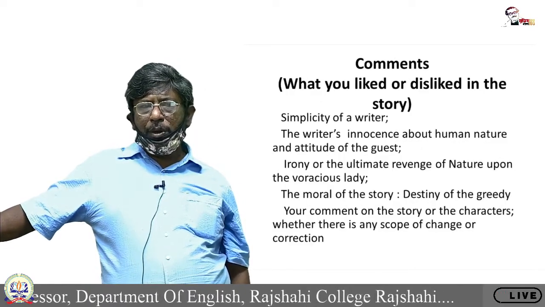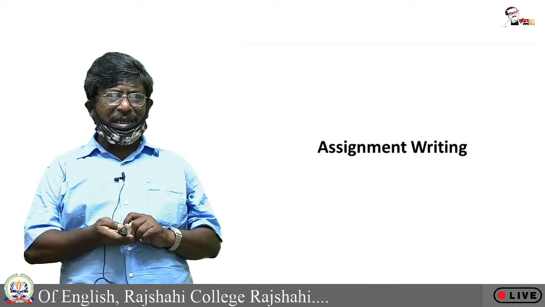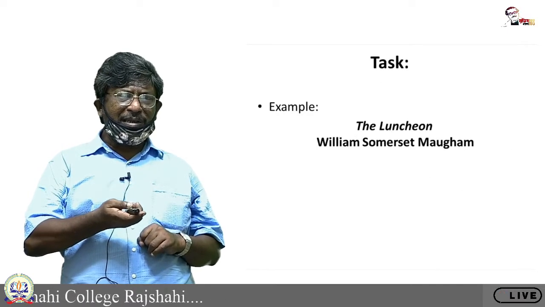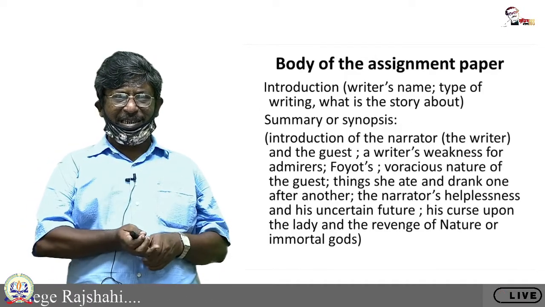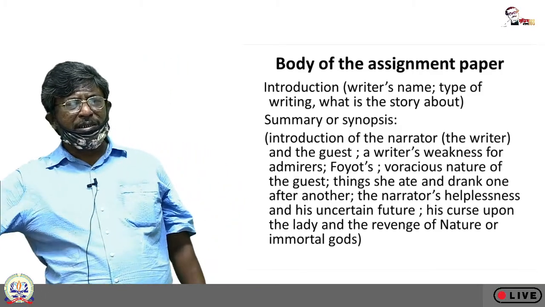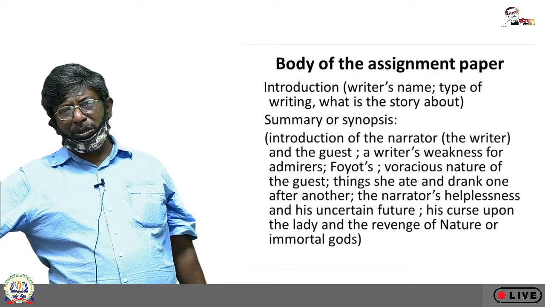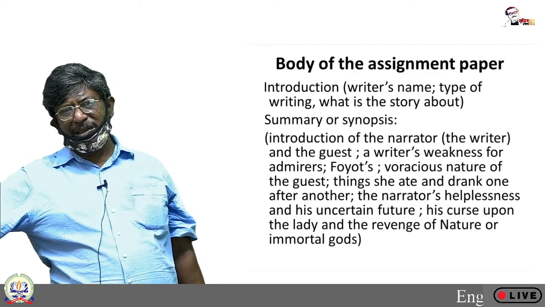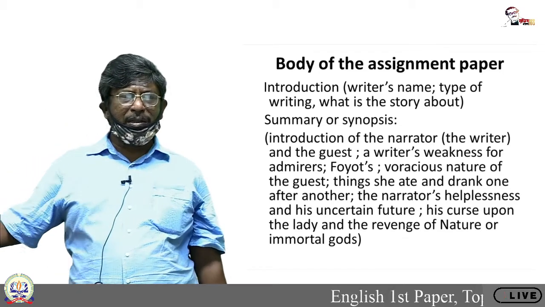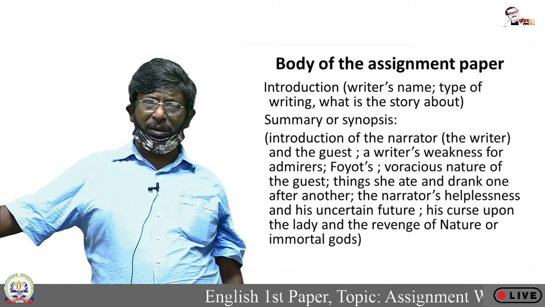So, for assessing any story, we will discover the writer in the story as the narrator. In this story, since the narrative is written in the first person, we assume the writer's personality in the behavior of the narrator, and the narrator and the lady guest are the main characters in the story.